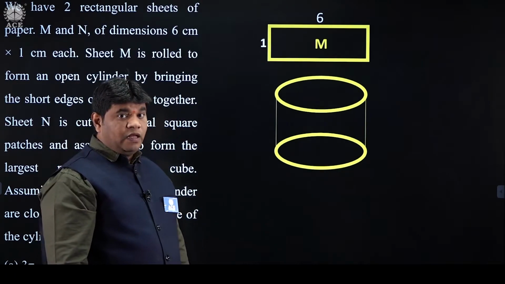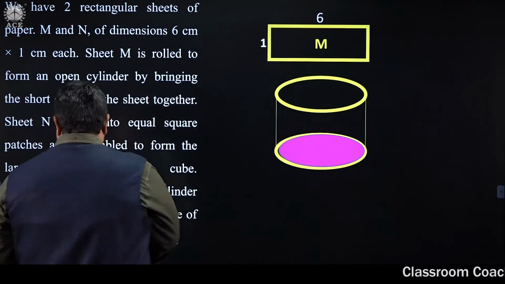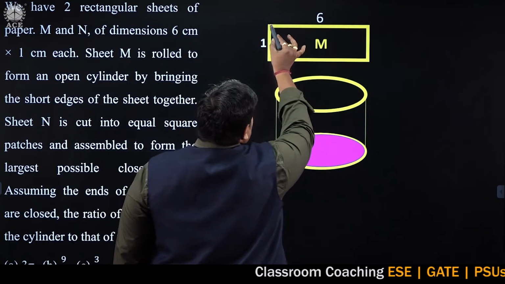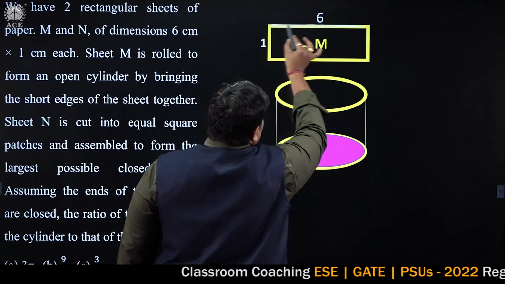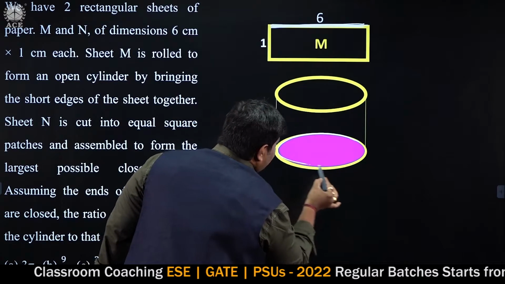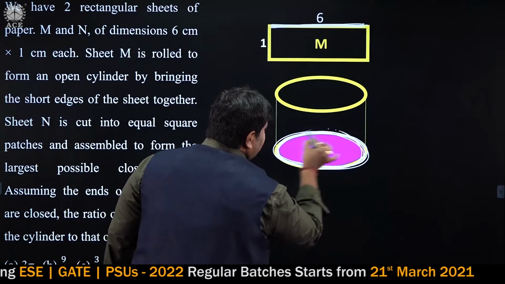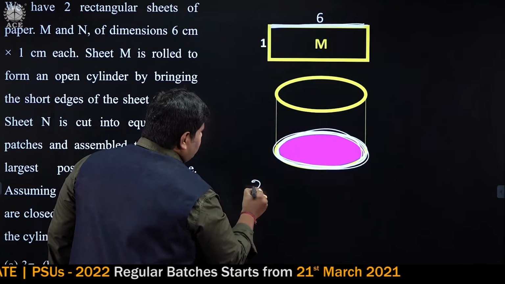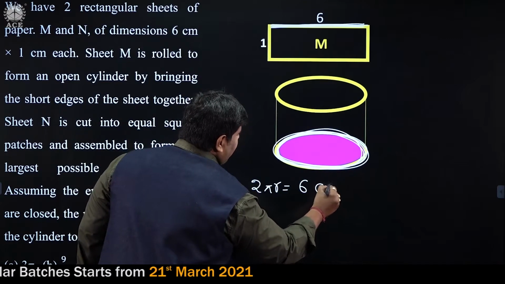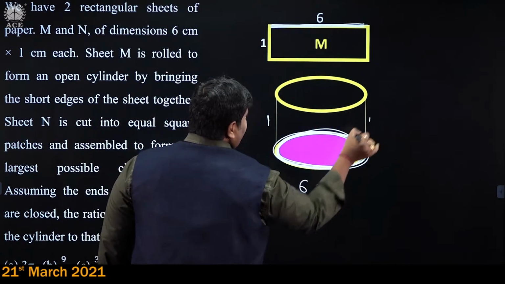After that, the edges are closed. Now observe, this length is 6 centimeters. So here the complete perimeter is also 6 centimeters. So perimeter 2 pi r is equal to 6 centimeters. This is one height, the folded height is one.